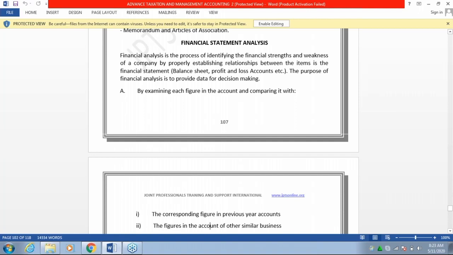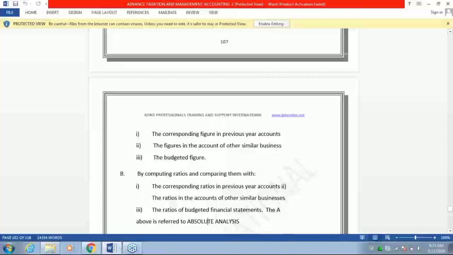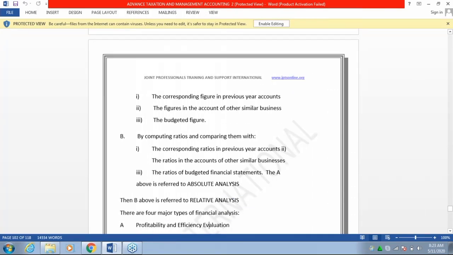So we examine each figure in the accounting and compare it with the corresponding figures in the previous year, then the figures in the accounts of other similar businesses, then the budgeted figures. Then we also compute ratios and compare them with one another, that is the corresponding ratios in the previous year's accounting.